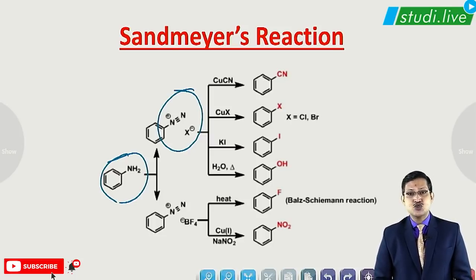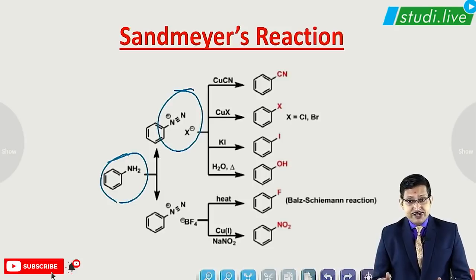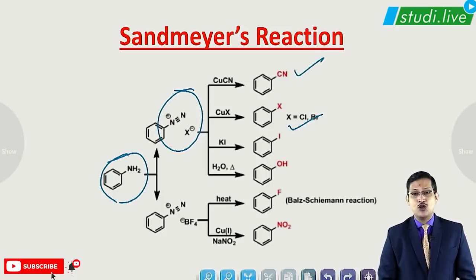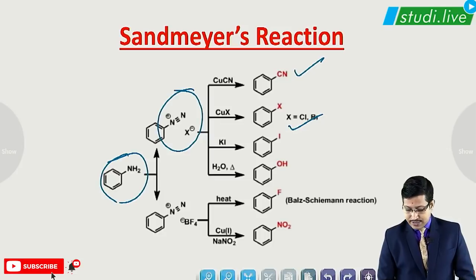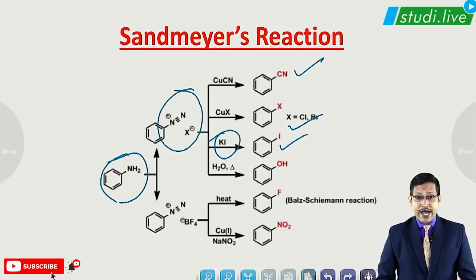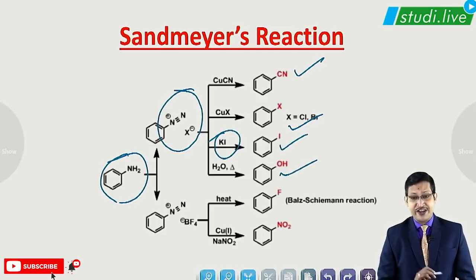This benzene diazonium chloride will react with different reagents. What are they? CuCN will give you cyanobenzene. When it reacts with CuX, it can give you halobenzene, haloarene. When it reacts with KI, it gives you iodobenzene. On hydrolysis, it gives you phenols. So these are the different reactions under Sandmeyer's reaction.